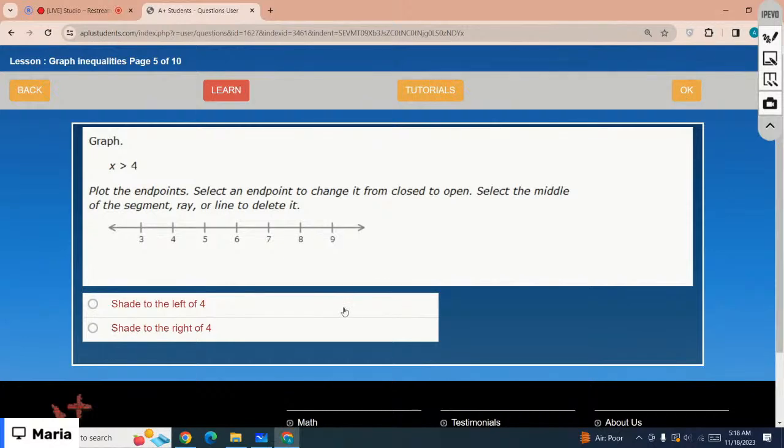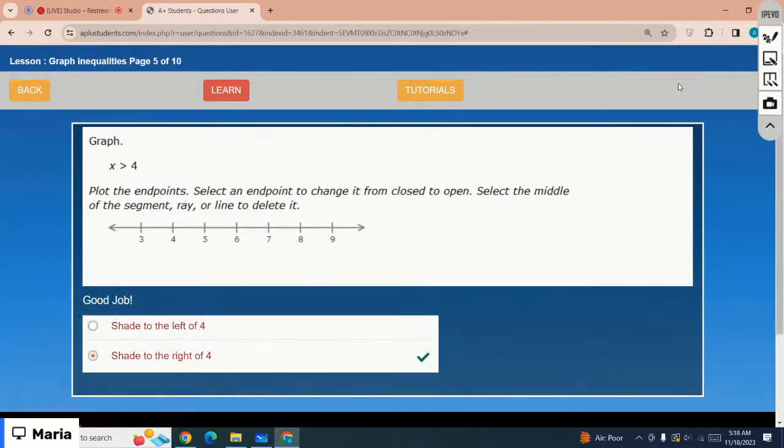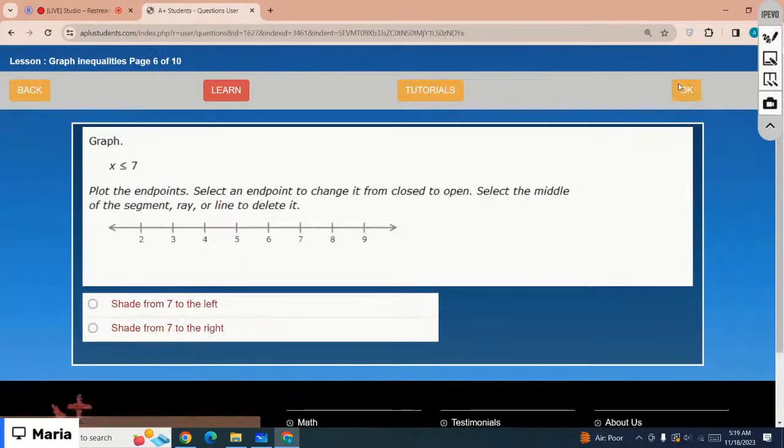The correct option is shade to the right of 4. Okay, you can complete the lesson by yourself later today. Let's just move on to next lesson.